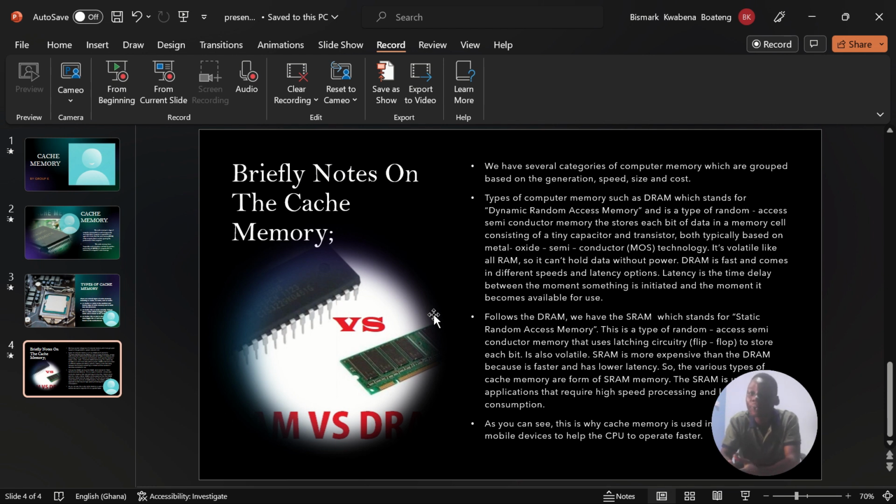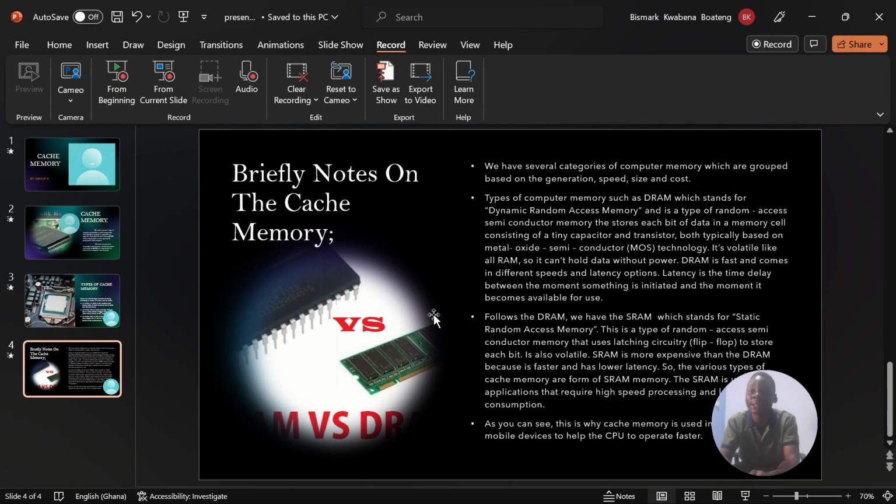It is also volatile, just like the other forms of memory. The SRAM is more expensive than the DRAM and the other memories. Within the SRAM we have the cache memory.